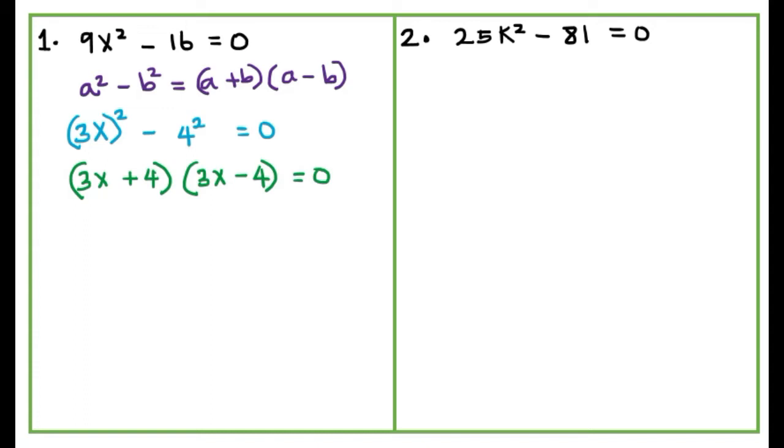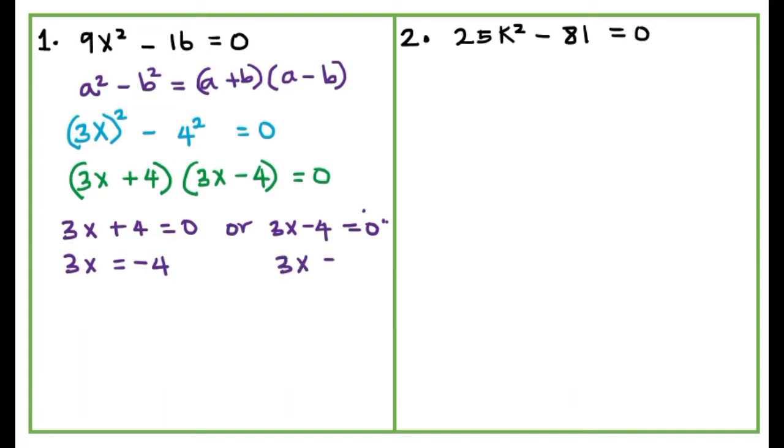So we say that 3x plus 4 equals 0, or 3x minus 4 equals 0. So 3x equals negative 4, or 3x equals 4.